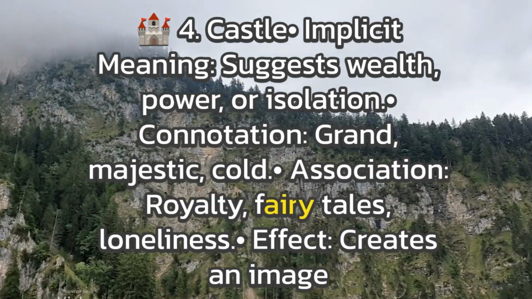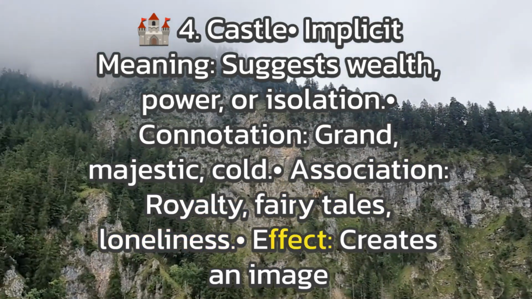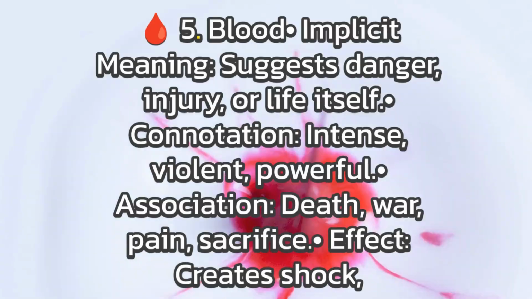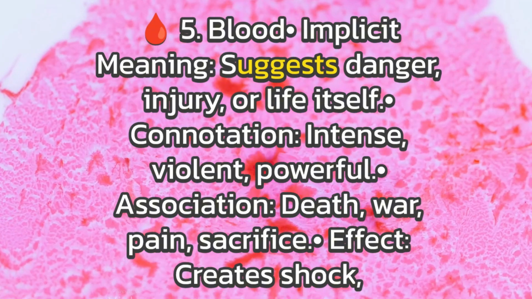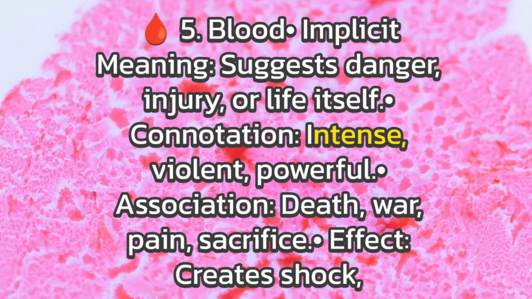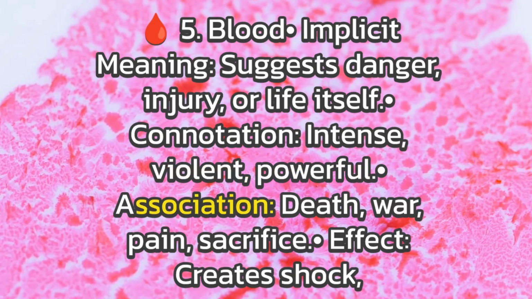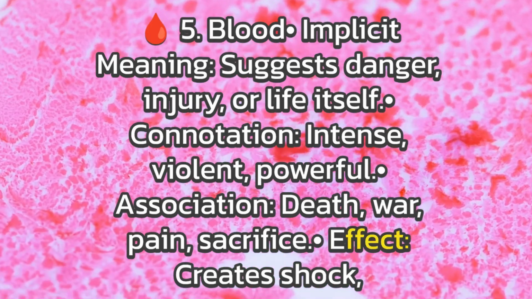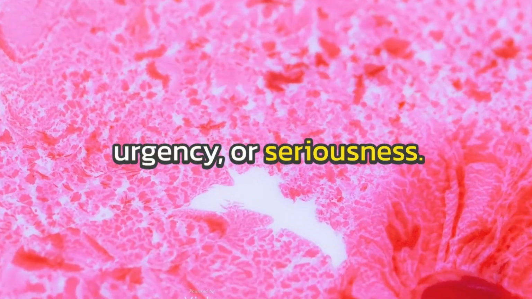Association: royalty, fairy tales, loneliness. Effect: creates an image of wealth or distance. 5. Blood. Implicit meaning: suggests danger, injury, or life itself. Connotation: intense, violent, powerful. Association: death, war, pain, sacrifice. Effect: creates shock, urgency, or seriousness.